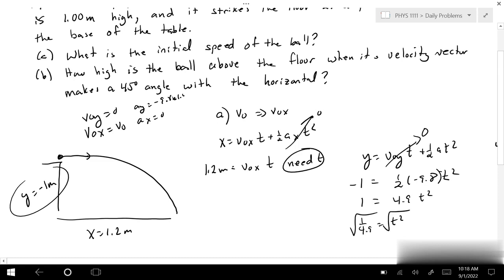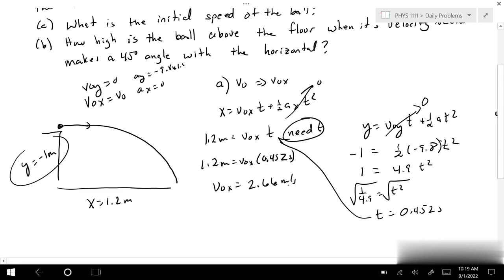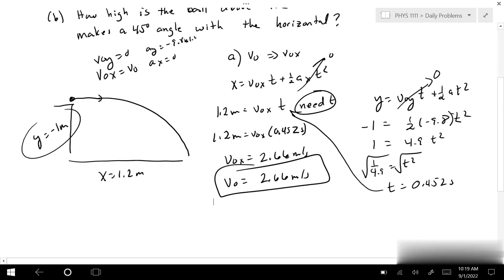So 1 over 4.9 is equal to T squared. Square root that, punch it in your calculator, and you're going to get T equal to 0.452 seconds, somewhere in that ballpark. Now that T goes up here, so 1.2 meters is equal to V naught X times 0.452 seconds. So our V naught X is equal to 2.66 meters per second, or V initial is equal to 2.66 meters per second. So that's how you're going to do part A.